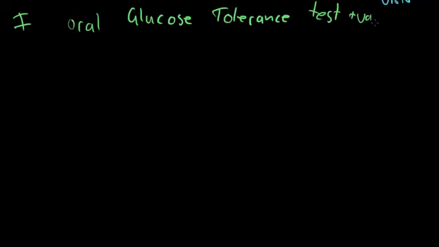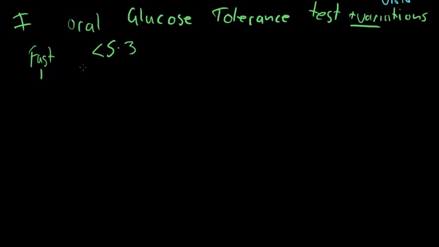Plus variations. Some of the variations are a bit easier for the mum to do and a bit cheaper as well. But I'll just talk about the oral glucose tolerance test quickly. What happens? You fast, and then they give you a specific amount of glucose. At fasting, if your blood glucose is greater than 5.3, it's not good. Maybe have gestational diabetes.